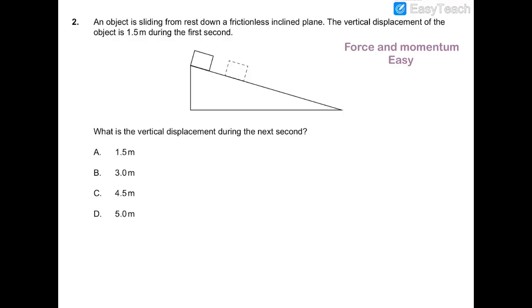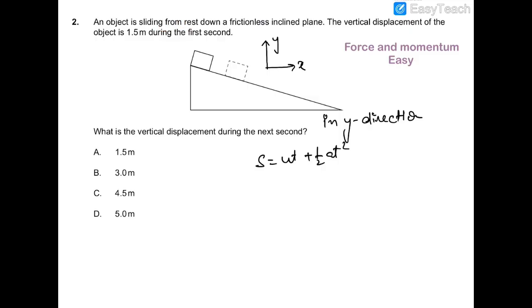Just you can do that in the y direction, which we are considering as the vertical direction. So in the y direction, we will apply s is equal to ut plus half at square. Obviously initial velocity was 0. It is starting from rest.